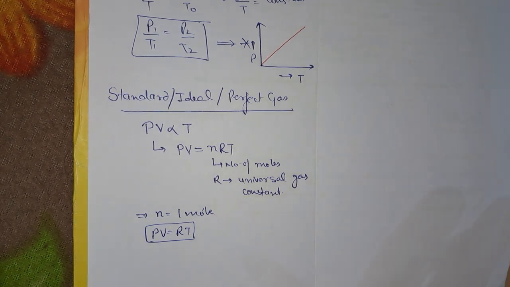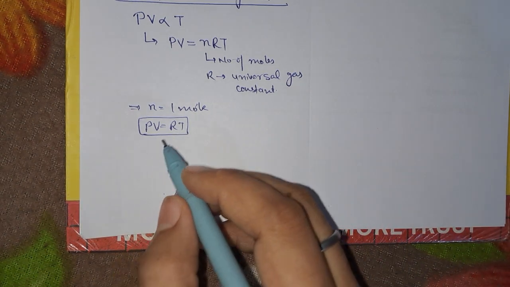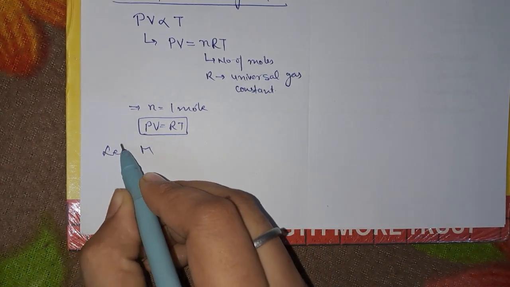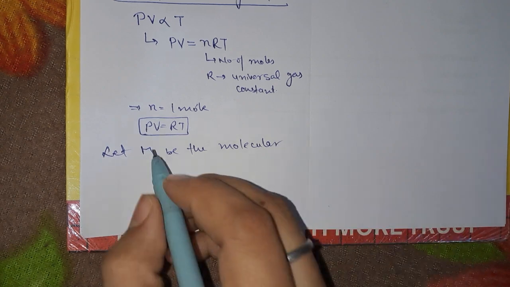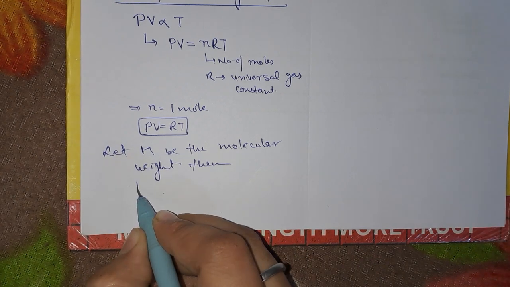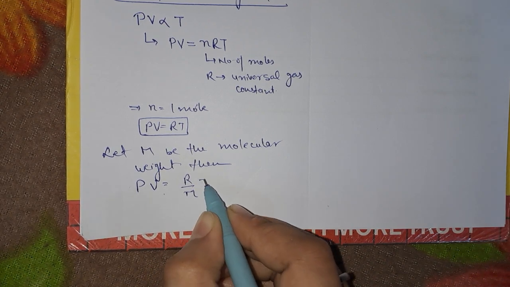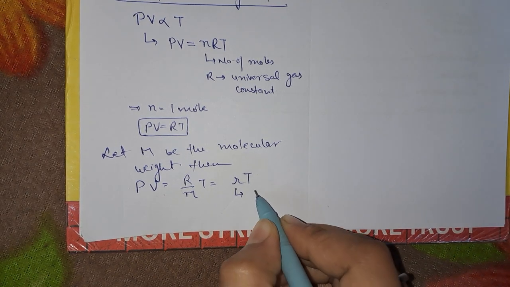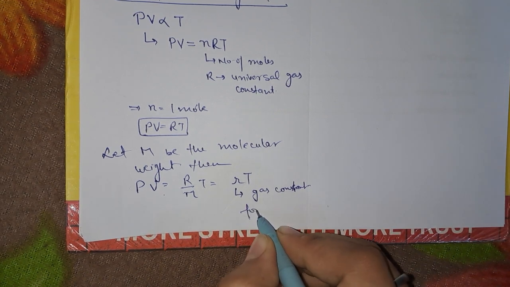For 1 gram of the gas, this could be considered, where capital M is the molecular weight, then PV equals R by M times T, and this R by M could be written as small r. So this is the gas constant for 1 gram.